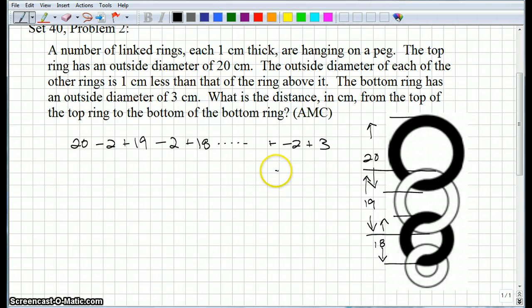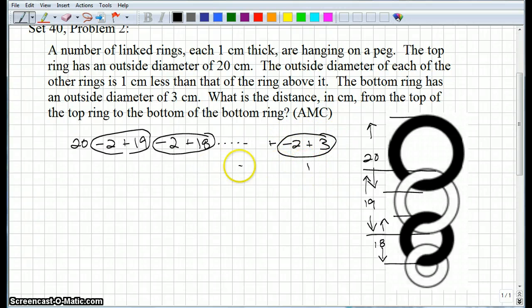Okay? So you can see there's a series of numbers. We have 20, 19, 18, 17, all the way down to 3. And then we have a bunch of negative 2's here that we're adding together. But I am going to just group these together, okay? So you can see this is just 1.